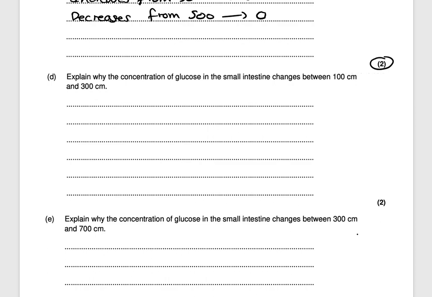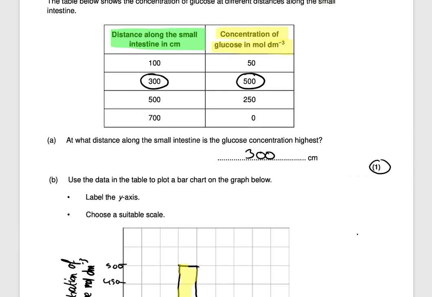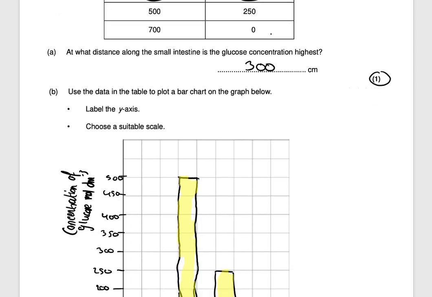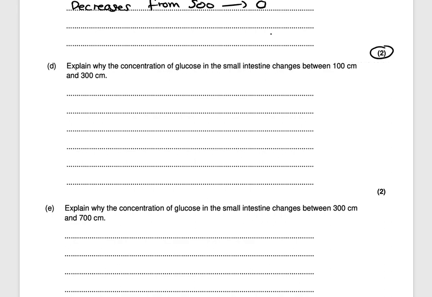Next question. Explain why the concentration of glucose in the small intestine changes between 100 centimeters and 300 centimeters. So if we go back, 100 centimeters to 300 centimeters, we can see that the concentration of glucose has increased. So it's saying why has it increased? So basically, the carbohydrates have been broken down into smaller molecules.